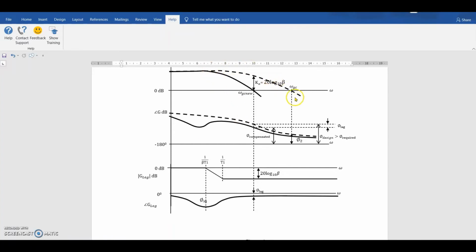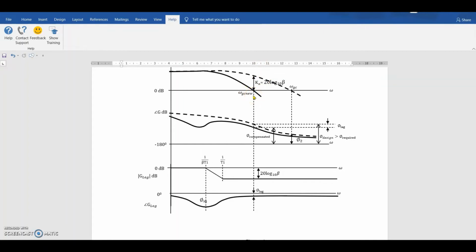And from this response we will try to find out this Ka, that is 20 log beta, and then we will try to find out this T1 and beta T1. So beta is the same beta here, so this will come from here, and we will find out T1. 1 by T1 is the corner frequency of the lag compensator, and like we discussed earlier, this part of the compensator should be well away from this point, that is the point of the new gain crossover frequency.